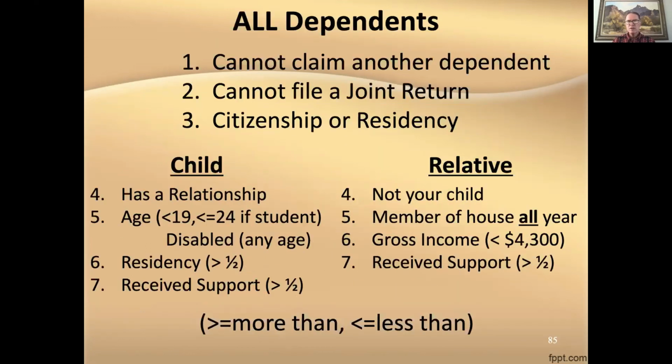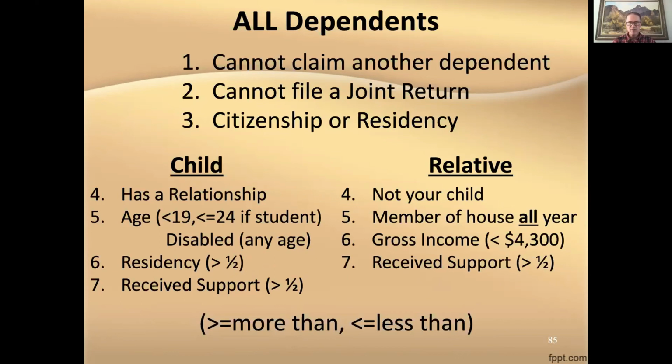So this screen I like because it reminds me all at once of all the tests. The top three numbers are the tests that are required for any kind of dependency. You can't be claimed by another as a dependent, you can't file a joint return, and you must be a citizen or a resident of the United States. If you pass those three tests, then for the child, you've got tests 4, 5, 6, and 7.